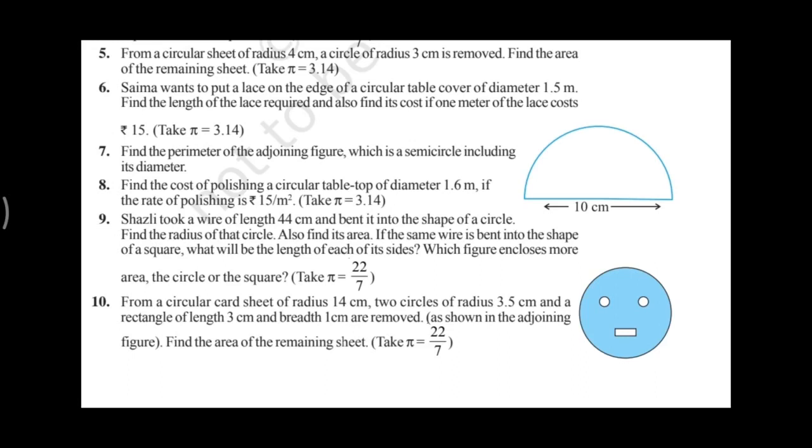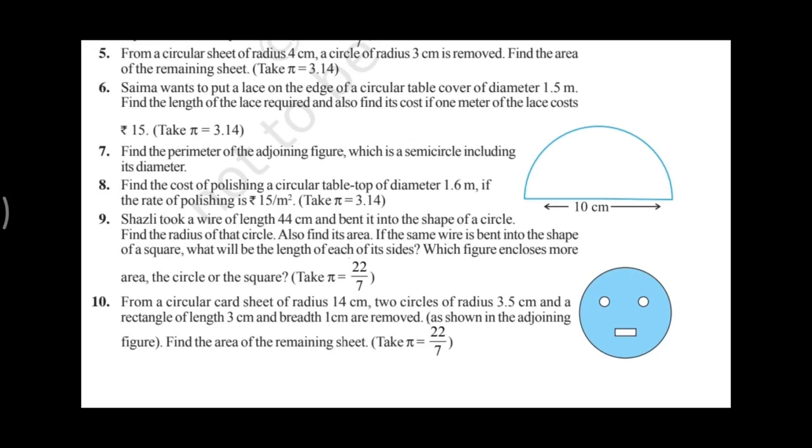And then the length of the wire is equal to the perimeter of the square, and then we will find the side of the square and then find the area of the square. And after that we will get which figure encloses more area, circle or square. We will compare after finding this.